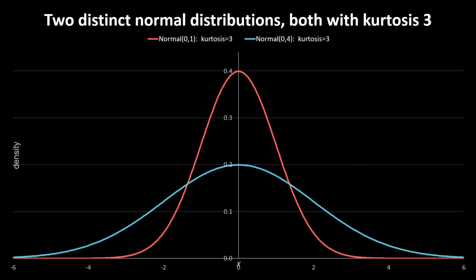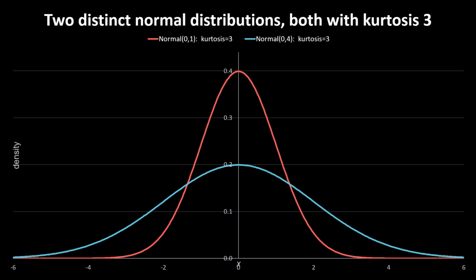Every member of the normal distribution family, in other words, no matter what values of parameters we pick, kurtosis equals 3, which is a little puzzling because if you take these two distributions, obviously the blue one has a much higher variance than the red one. For the blue one, the variance is 4, and for the red one, the variance is 1. So what is it that is measured by kurtosis with that value of 3?